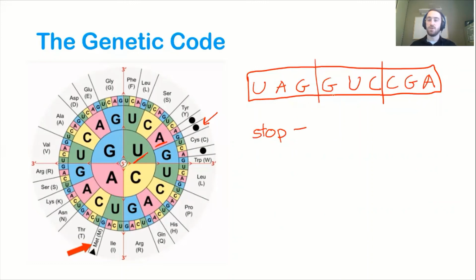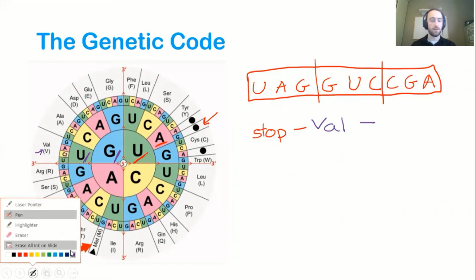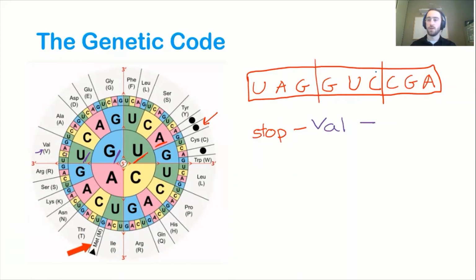Next, we have GUC. We have G, so we read from the center, G, and we go out, U and C, valine. And finally, we have CGA, starting in the center, CGA.